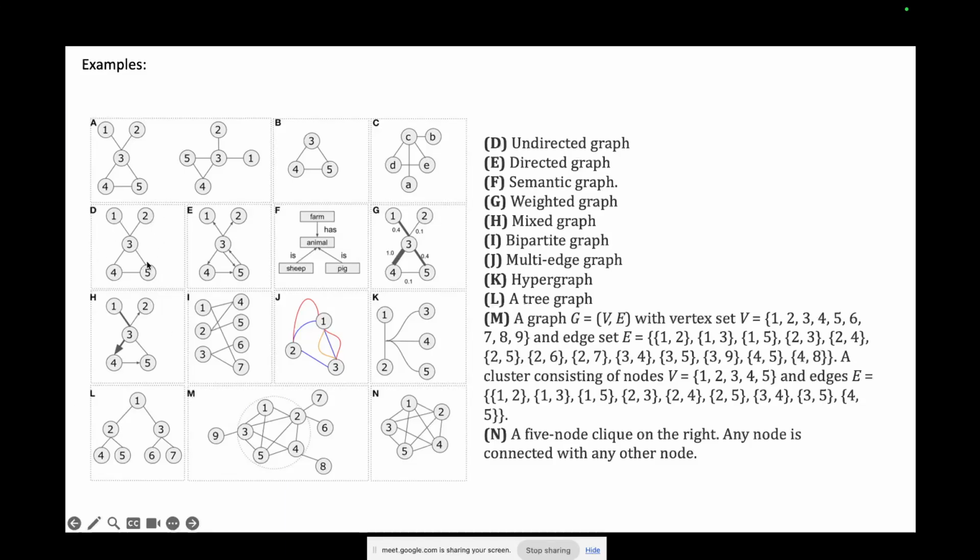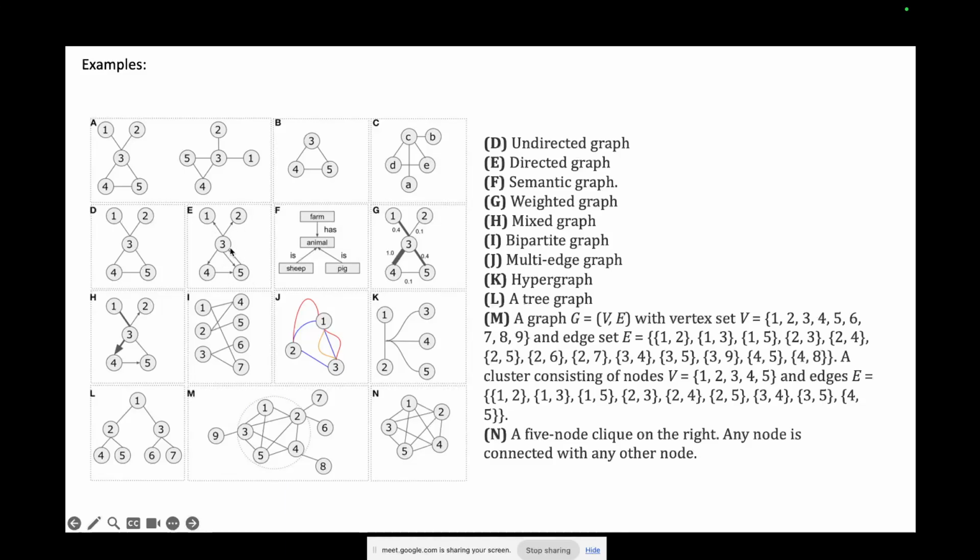If you add directionality to the edges, for example, in the E panel, you have directed graphs. So you have a directionality involved here. From node 3, you have connections to 1, 2, and 4, and these are three outgoing edges from node 3, and sorry, four outgoing edges: 1, 2, 4, and 5, all outgoing from node 3.